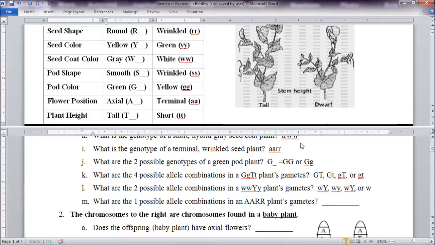Well, that's because the first two that you got were the same gene, W, little w, and so that limits how many different gametes this plant can make, at least for these genes. And so that's it. It's just these two gametes.